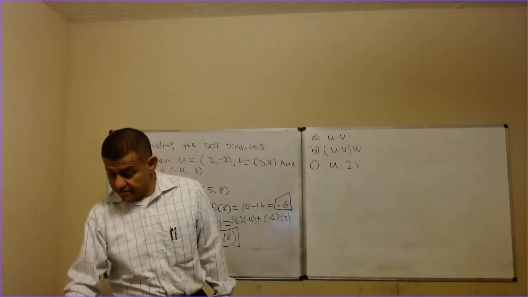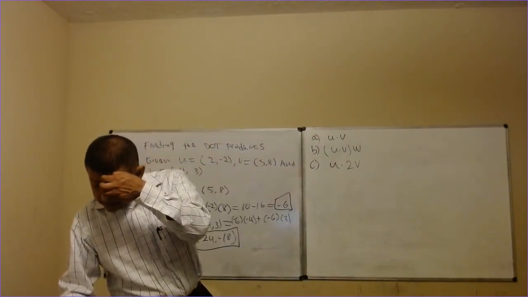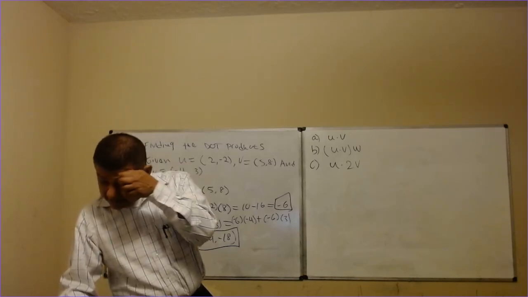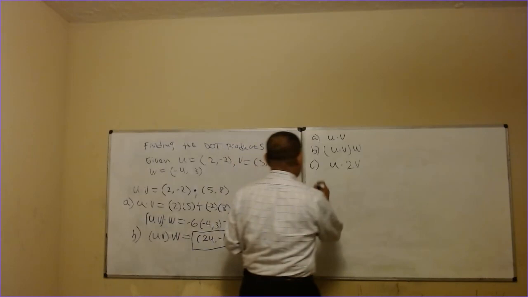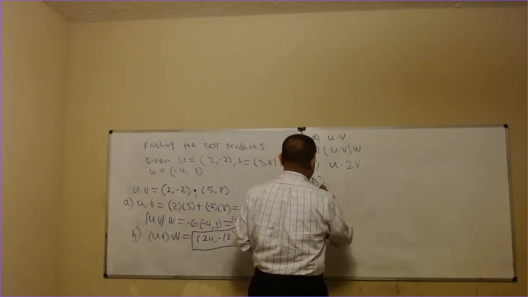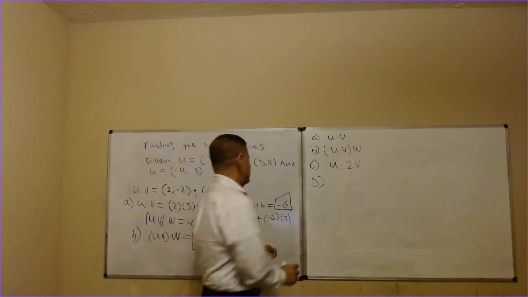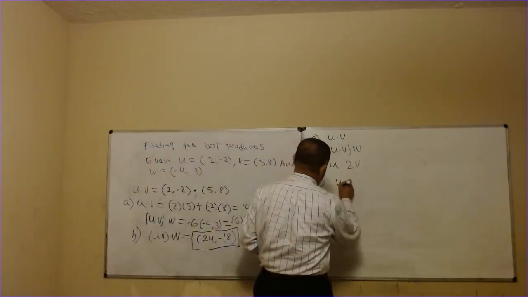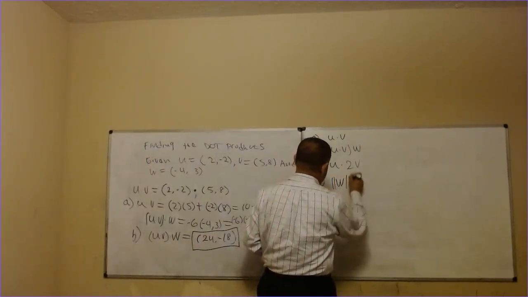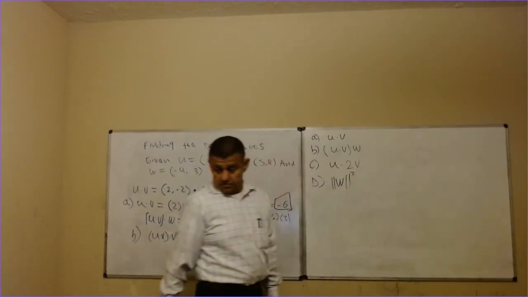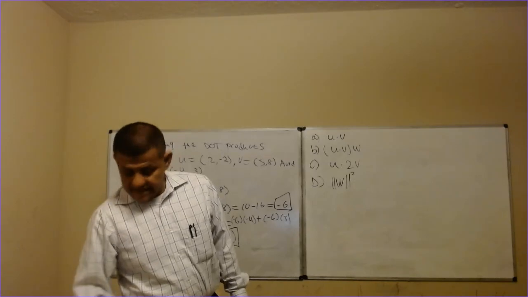That is part C. And part D is just the magnitude of w squared.